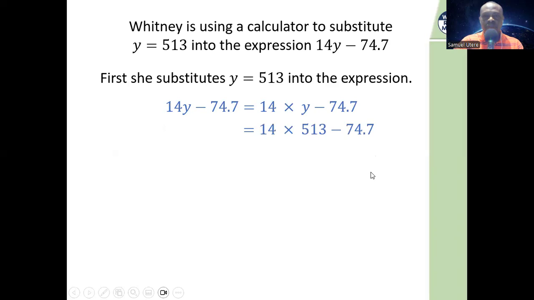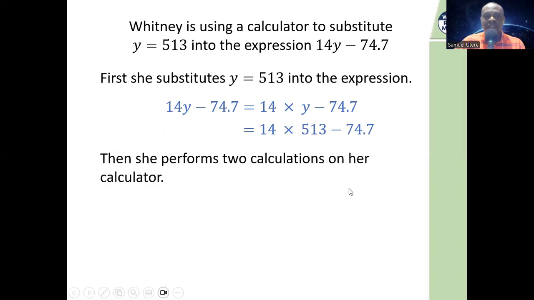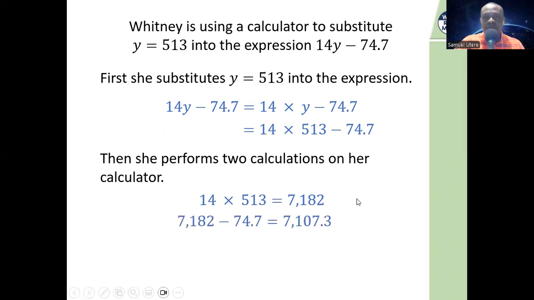First, she did 14 times 513 and wrote the answer on the side. And then she subtracted 74.7.